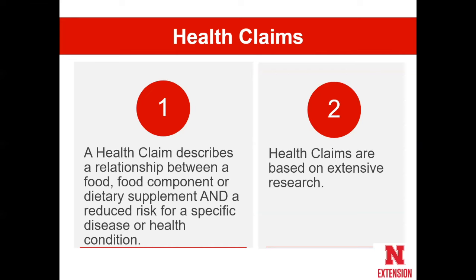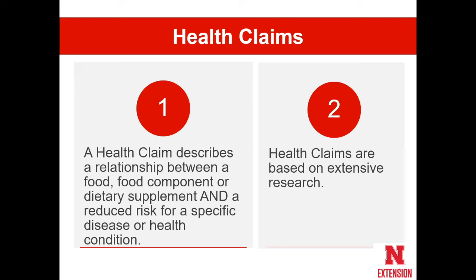So finally, what food manufacturers can include on their food labels are health claims. Health claims describe a relationship between a food or a supplement and a reduced risk of a specific disease or health condition.